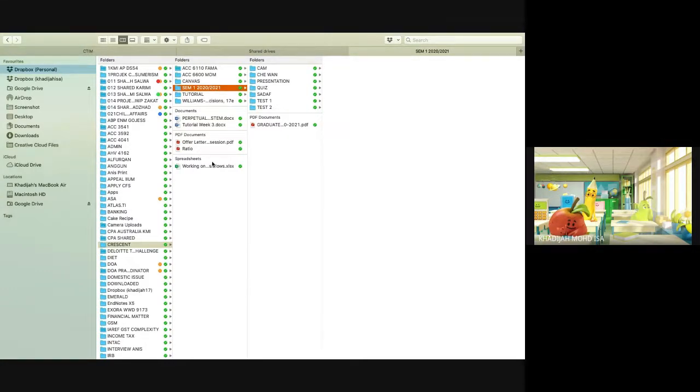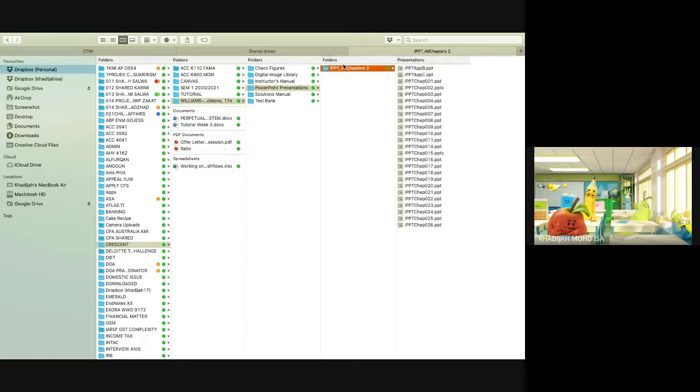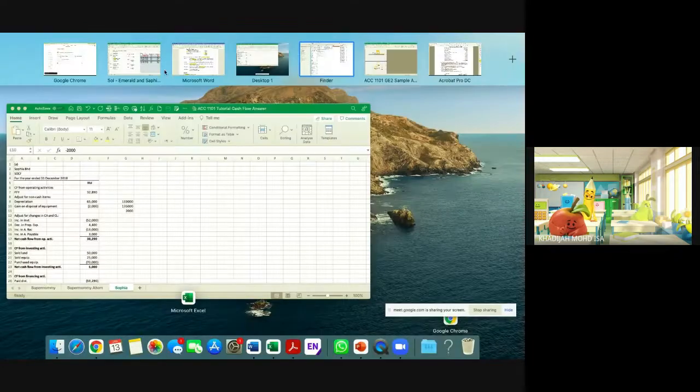Where could it be? 7, 8, 9, 10, 11, 12, 13 are not here. Where did they go?